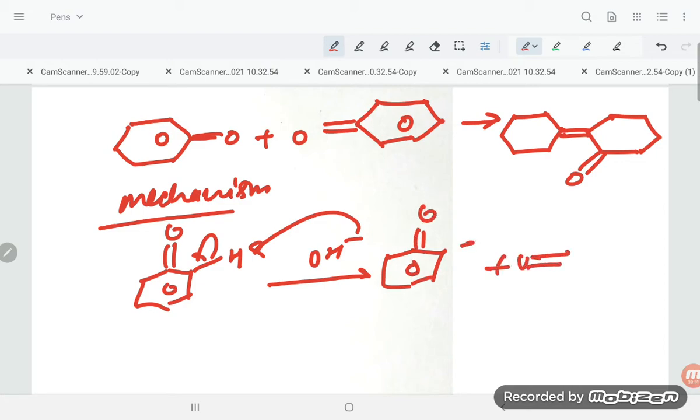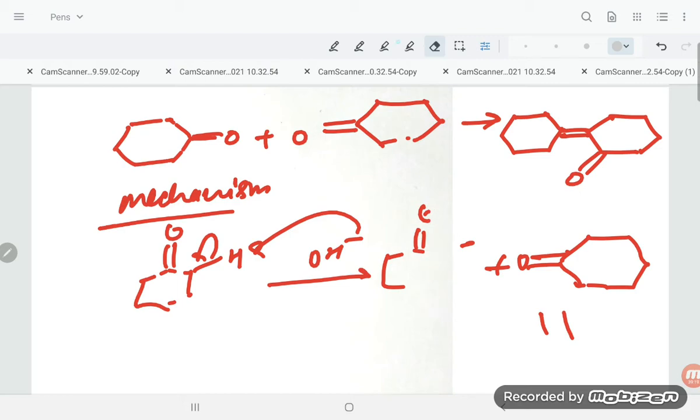Here the negative charge is on the carbon. There is no charge in the center, and only the cyclohexanone is there.